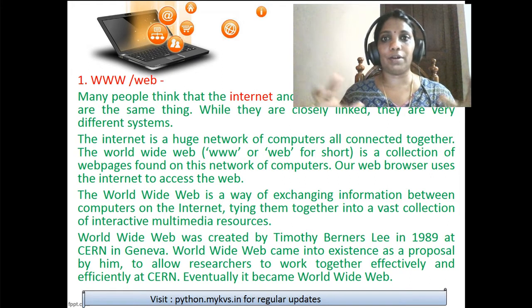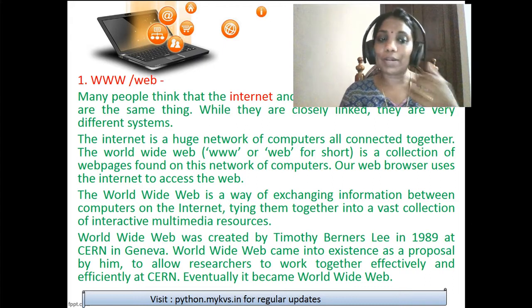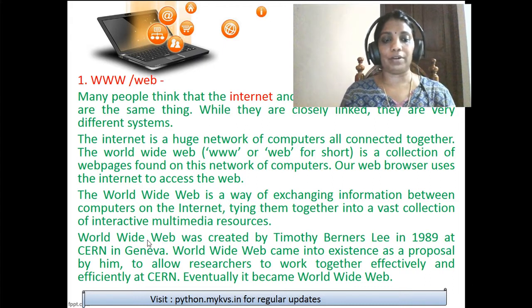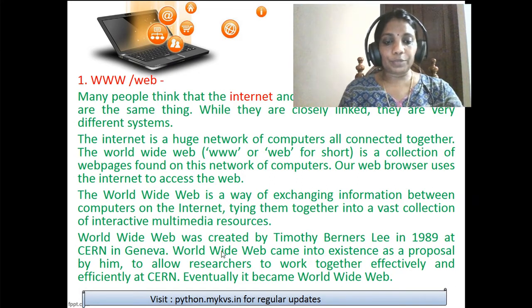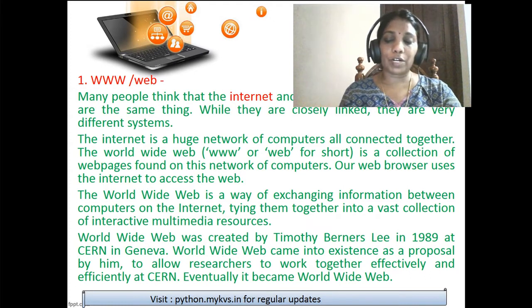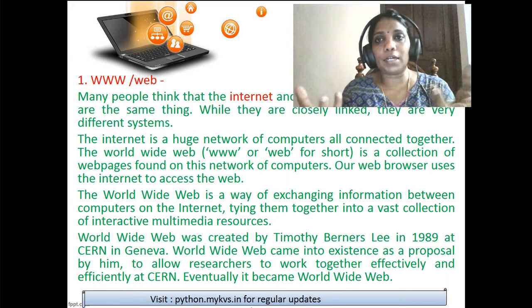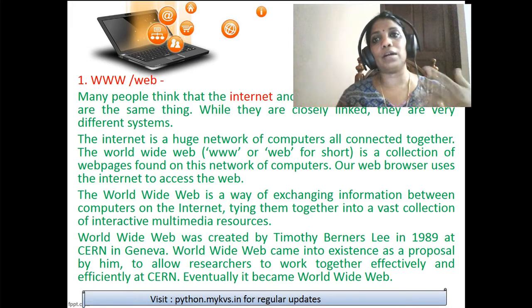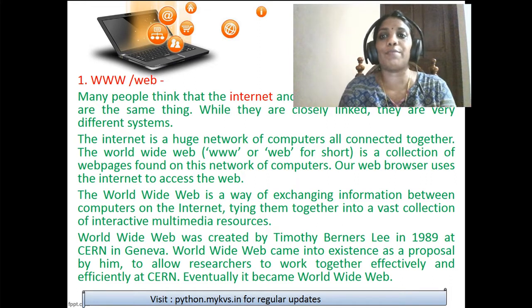He actually created the first browser ever, with the name www, in Geneva, at CERN. I think it is called CERN; I don't know whether it has some other pronunciation. It was actually a request from some of his fellow colleagues to make a kind of browser with which you can launch or display any website.